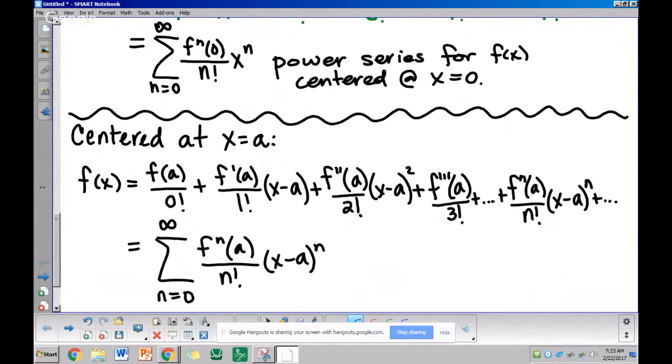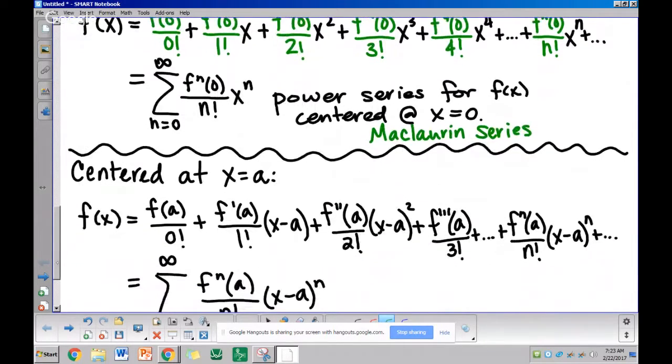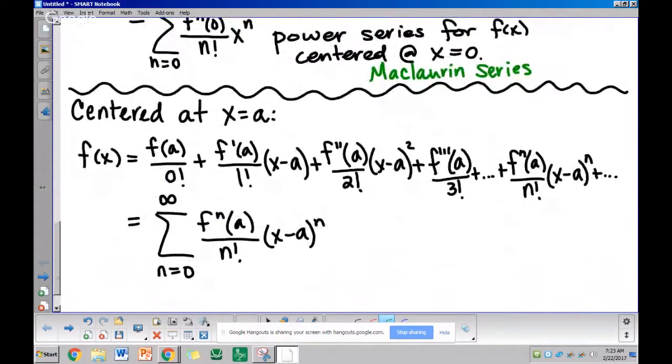All right, the Maclaurin series is a special name for Taylor series of functions that are centered at x equals 0. And this is just the general Taylor series. Both are Taylor series, it's just Maclaurin has a special name because it's centered at 0.